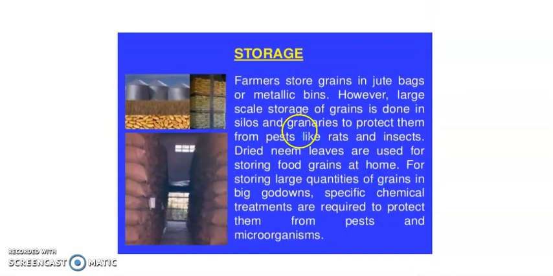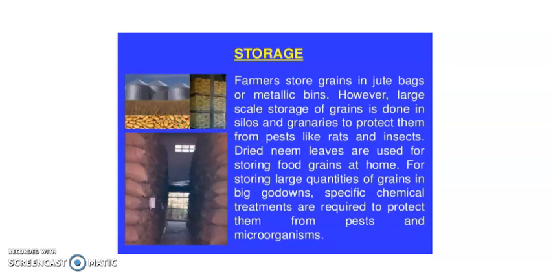You might have observed that when you take grains in bulk, the grain comes in a jute bag. Normally, farmers store their grains in jute bags and sell them, or they put them in a metallic bin, or if there is a large amount of grain, they store it in silos or granaries so that it can be protected from insects or pests.